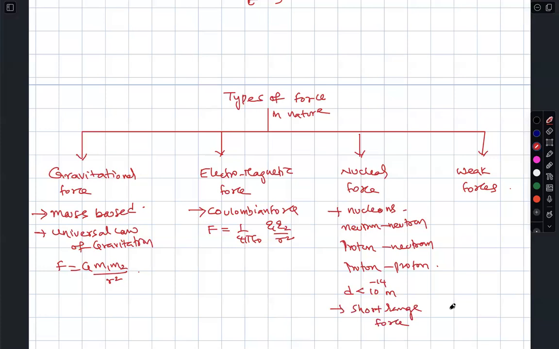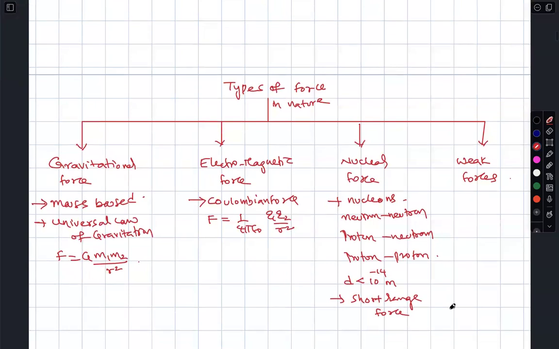Next, weak forces. We'll call this weak forces. Very subatomic particles. Like, for example, force between neutron and neutrino, something like that.